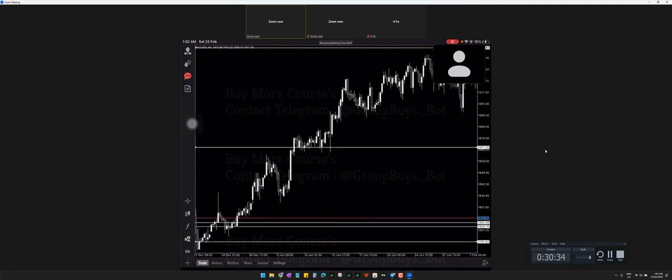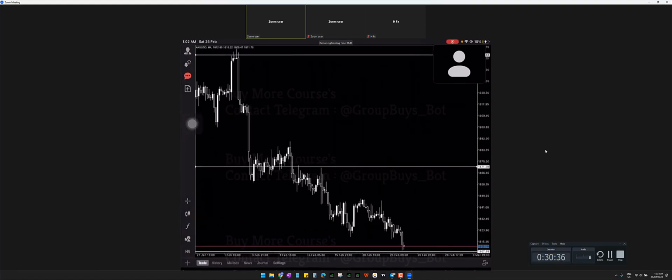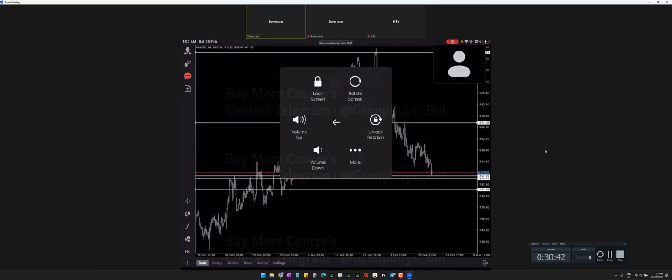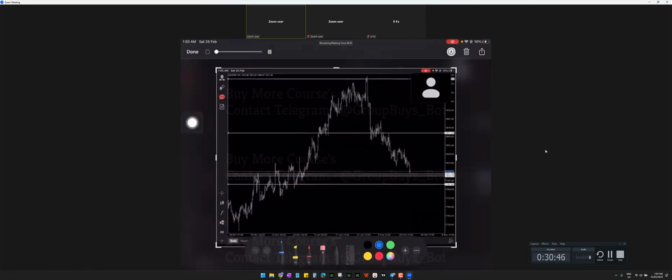After that, I wait for the price in the H4 zone, which means this H4 zone is the daily zone. You get what I mean? When I process it to H4, the zone is still daily. Okay. After it comes into our zone, we wait for the breakout for sell or breakout for buy.